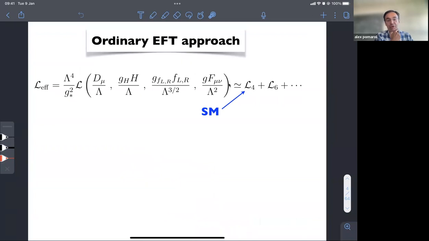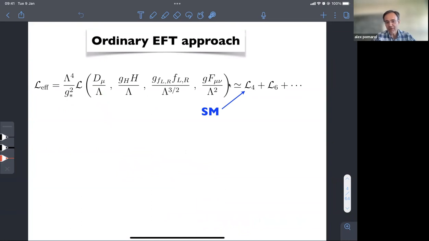Let me put it in the background of what you already heard about effective field theories. Effective field theory is only an expansion. You have your Lagrangian, you don't know what your theory is, but you define that there is some physics scale lambda that is very heavy, and now you expand.